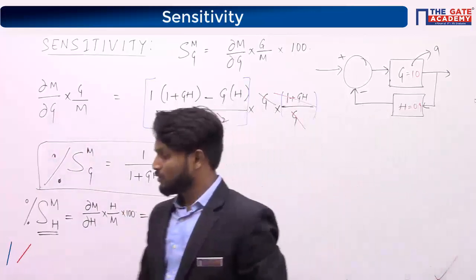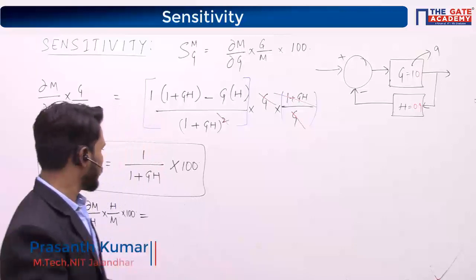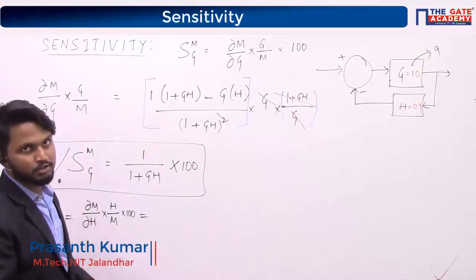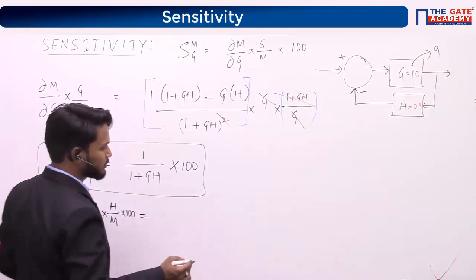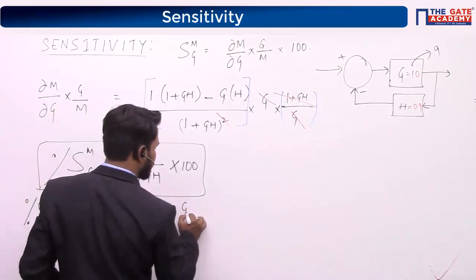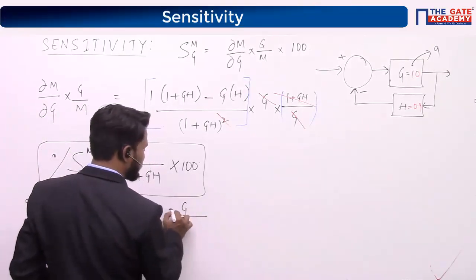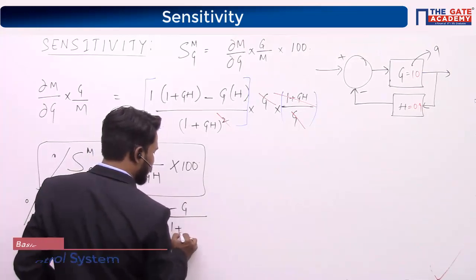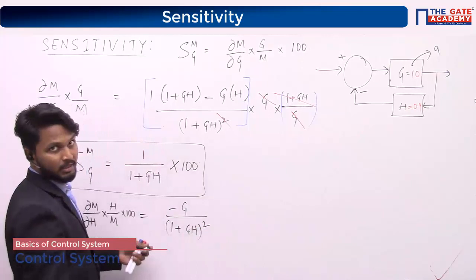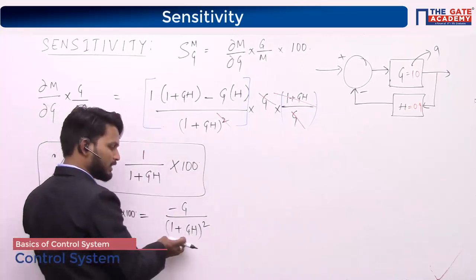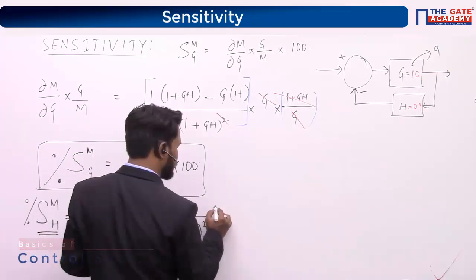It is a partial derivative of the overall transfer function with respect to H. So the derivative of G by 1 plus GH, what will you get? It is minus G by 1 plus GH whole square, like the derivative of 1 by X.